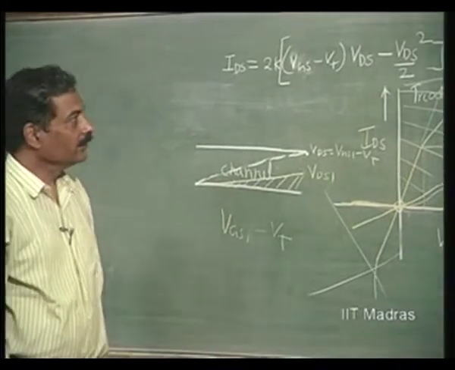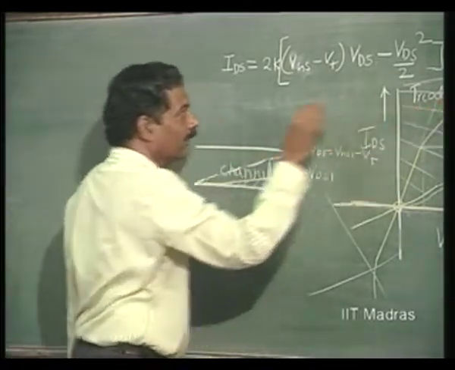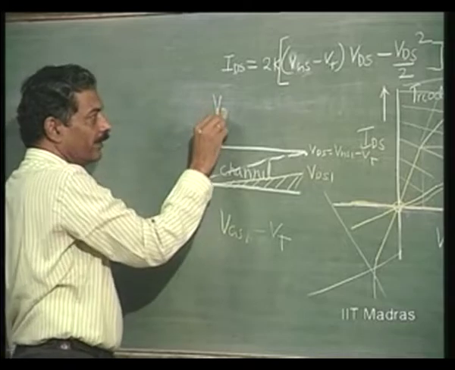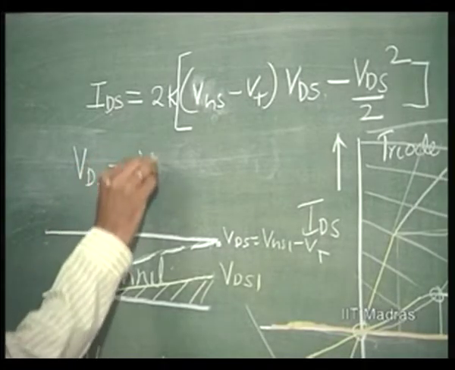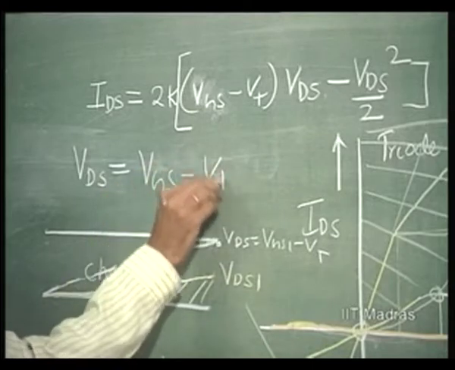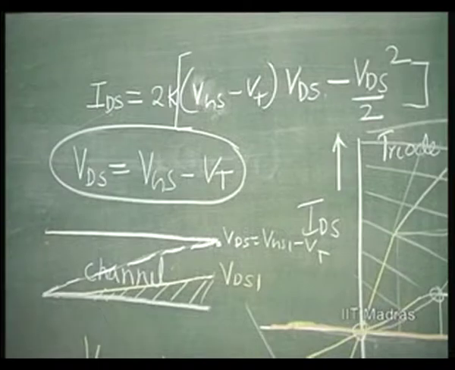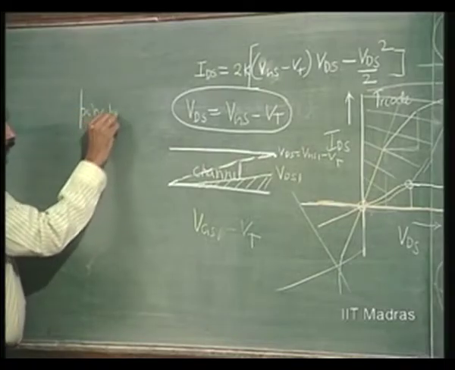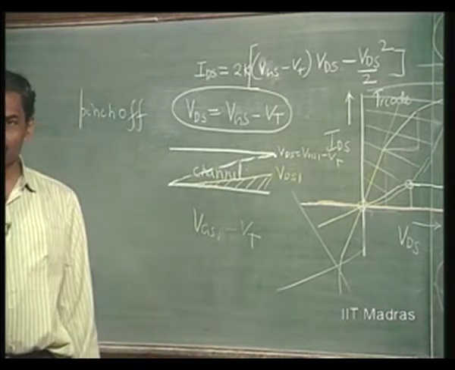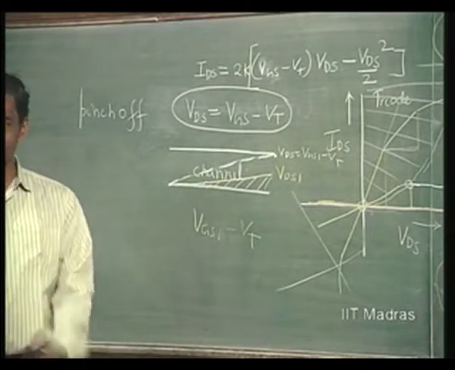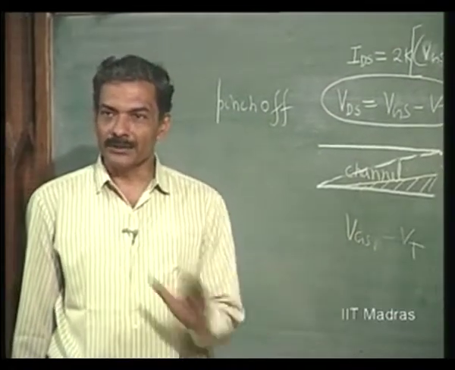And this keeps on happening until we reach a value of VDS which corresponds to VGS minus VT. That region is the region of pinch off, where the channel is closed completely, where the current just starts getting saturated.